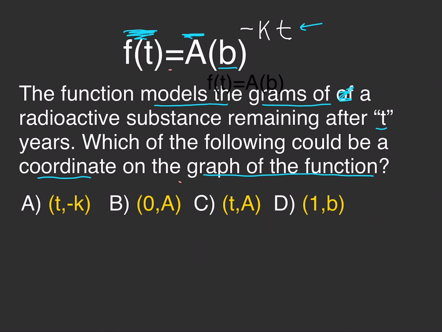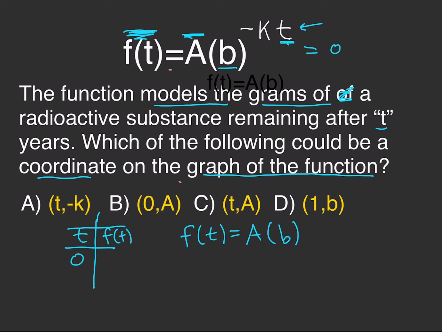Okay, so what I mean by that is the little table of values here. When I put into this function, what if I make t equals 0? What am I going to get for the function? Well, let's look. The value of that function is going to equal a parentheses b negative k.